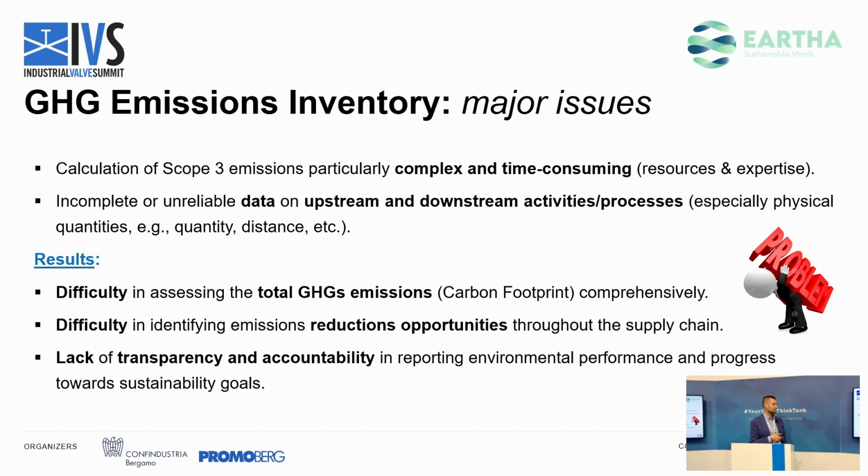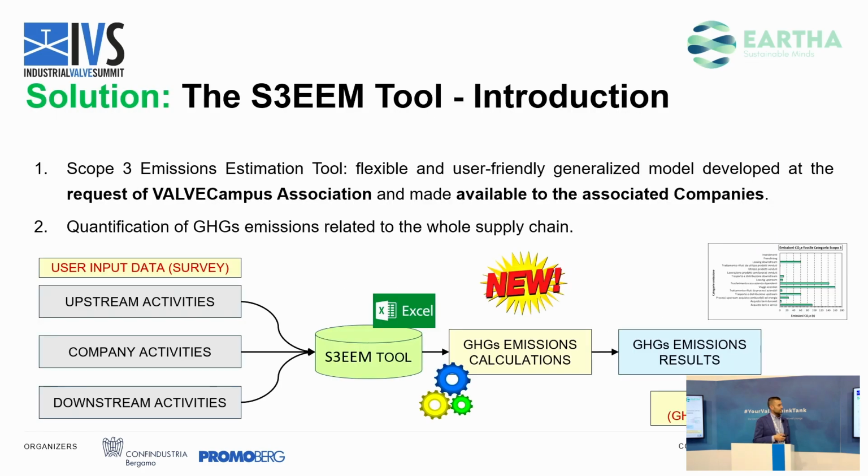And finally, there is a lack of transparency and accountability in the process of reporting, declaration of environmental performances and progress towards sustainability goals. So considering all these issues and problems, the solution we have identified is a new and innovative model, which is called S3EEM, which means Scope 3 Emissions Estimation Tool.